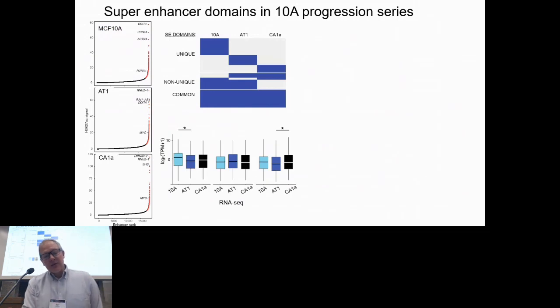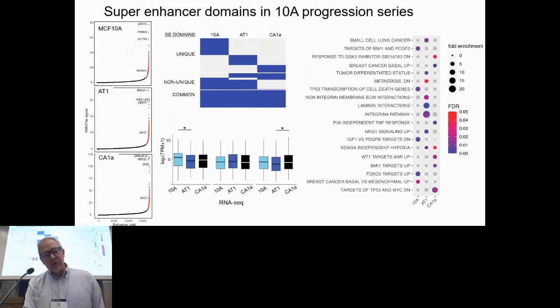These super enhancer features correspond to more transcriptionally active regions in 10A, for example, or in CA1A, with higher expression of genes associated with these super enhancers. Moreover, the genes associated with these cell line specific super enhancer domains have annotations or ontologies that make sense with some of the biology we know about these cell lines.